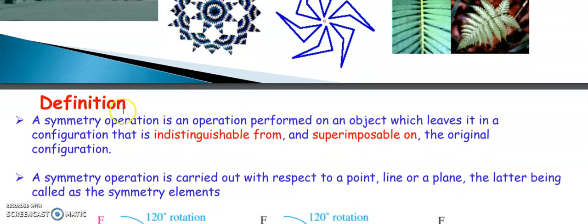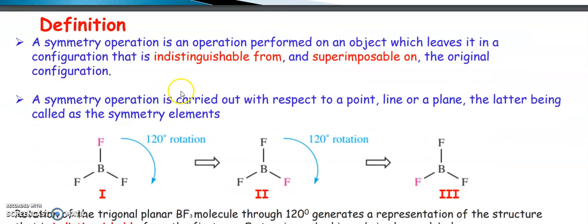So, what is the definition of symmetry? A symmetry operation is an operation performed on an object which leaves it in a configuration that is indistinguishable from and superimposable on the original configuration.